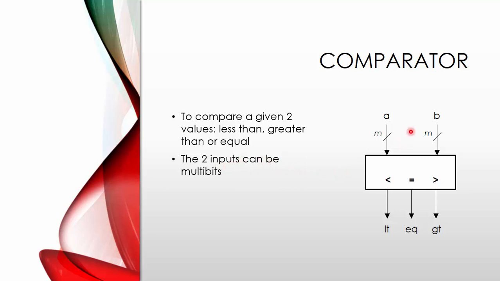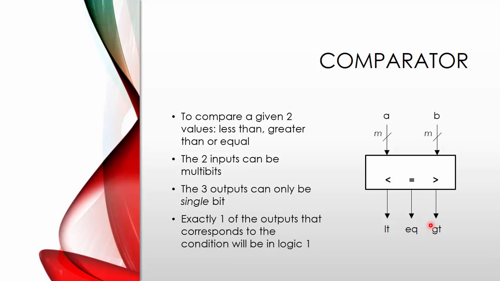The two inputs, the input A and B, can be multi-bits, and normally they are multi-bits. But the three outputs, LT, EQ, and GT, can only be single bit. That is the behavior of comparator.